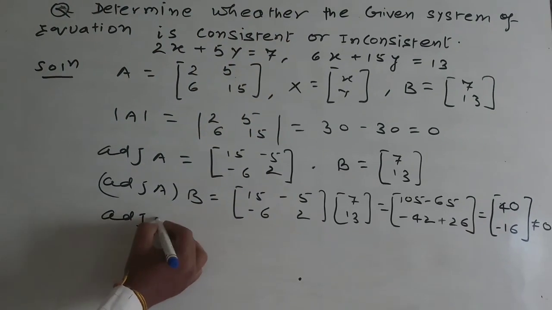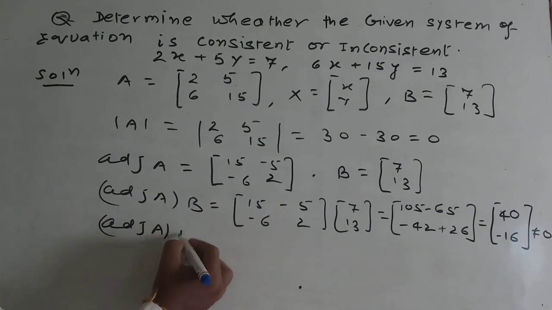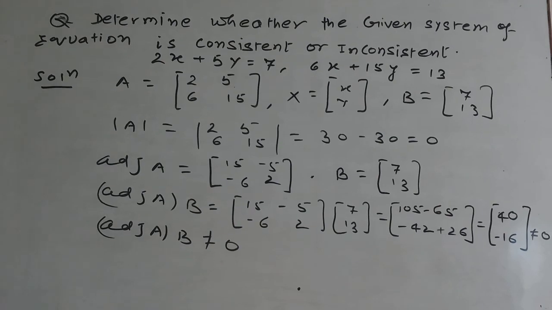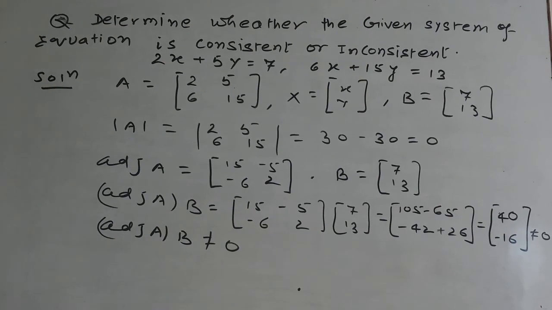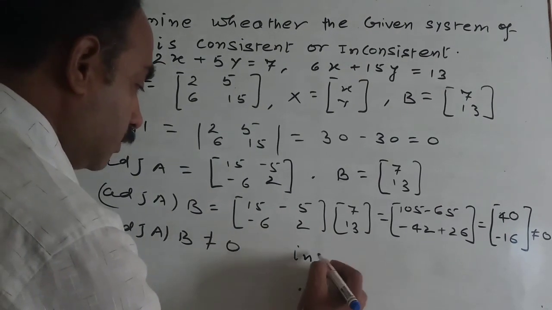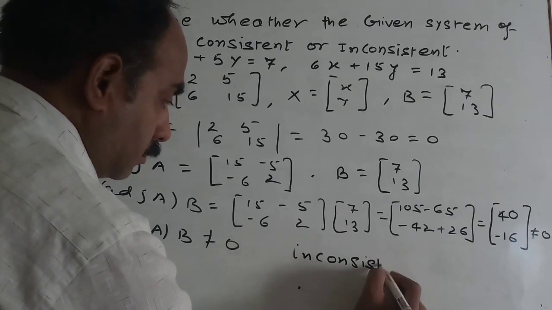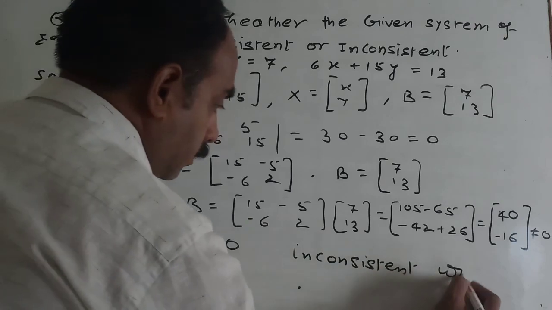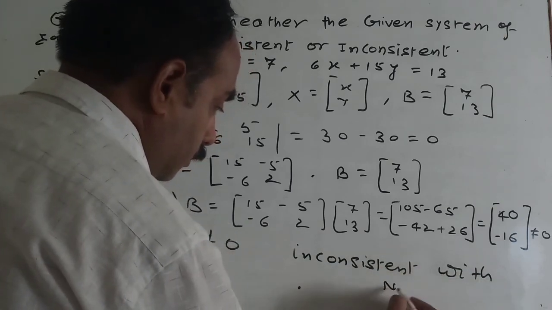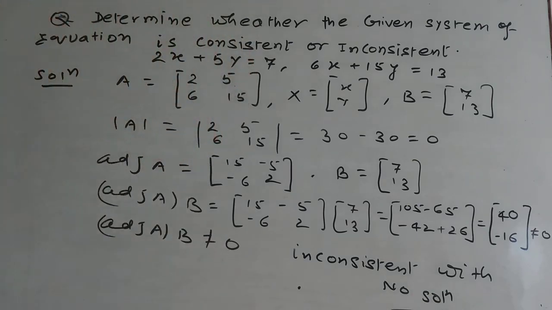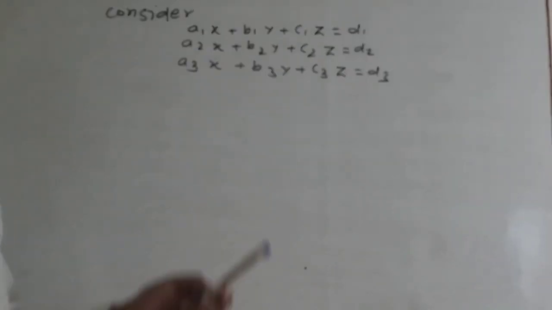Adjoint A into B not equal to 0, and determinant A is equal to 0. So the system of equation is inconsistent with no solution. यहाँ पे system of equation inconsistent होगा और हमारा solution no solution होगा.